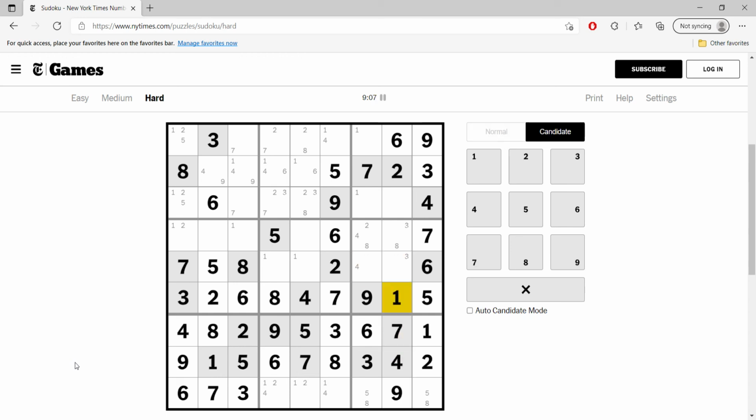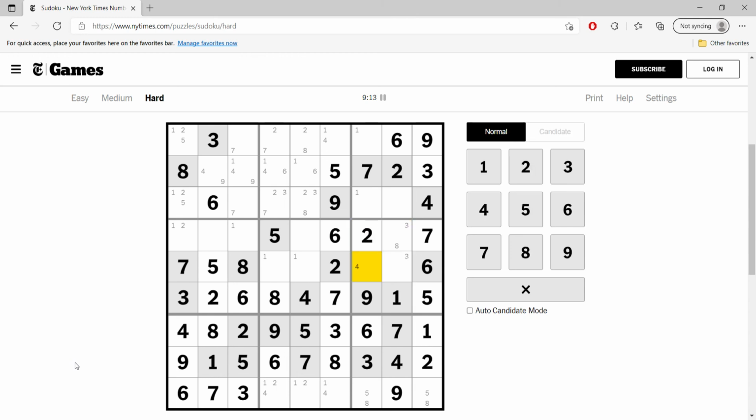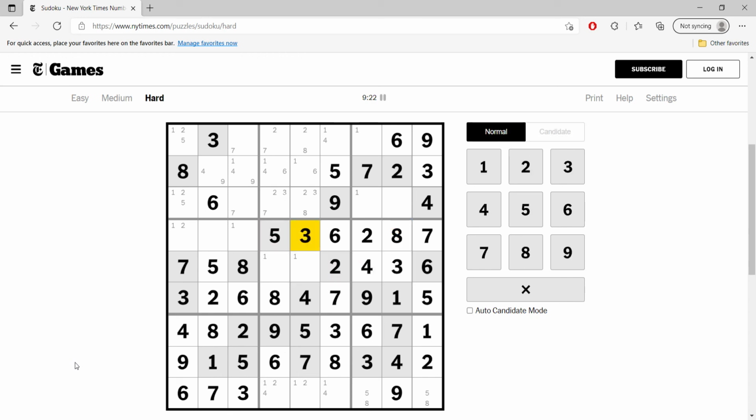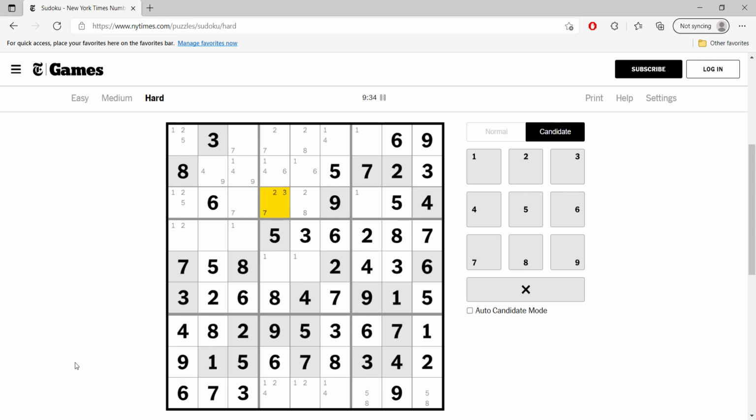So what do we know in this box? We need a 2 here, which can only be here. This is 4. This is 8, 3. This is the only other place for 3. And the last digit in this column, what is this? I believe it's a 5 in this column.